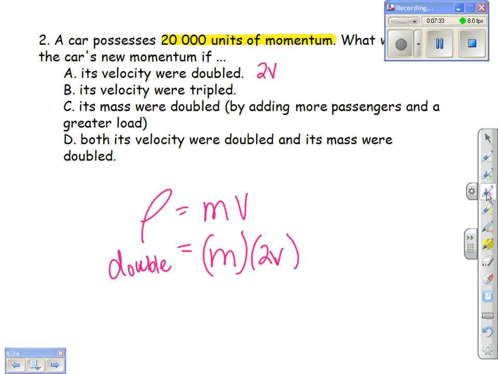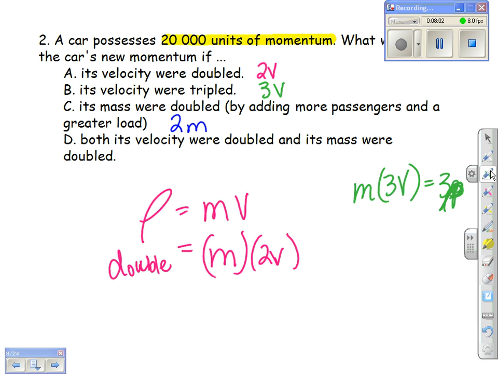What about if we triple the velocity? So now we're going to make that 3v. Well, we're still just doing mass times 3v. So now the momentum should be 3 times as much. And then if the mass were doubled by adding more people, then that would be like saying 2m, but we'd keep the same velocity.